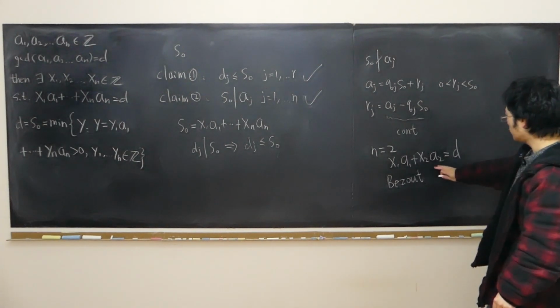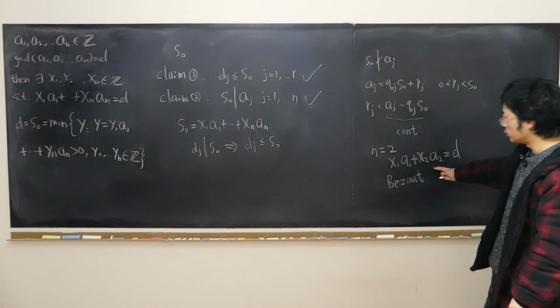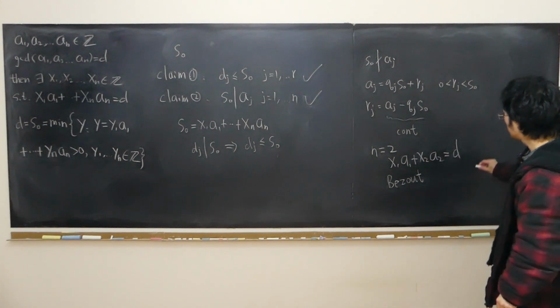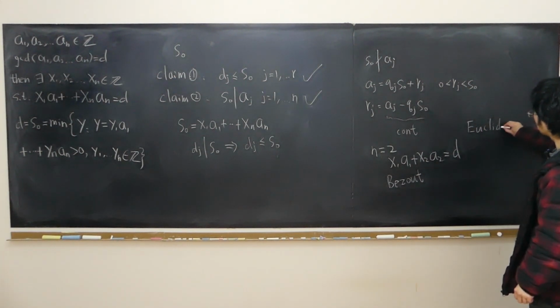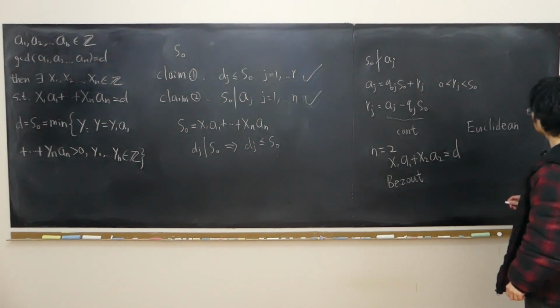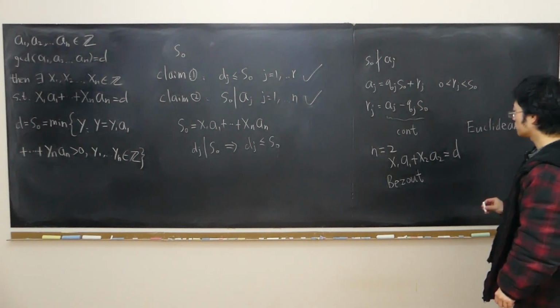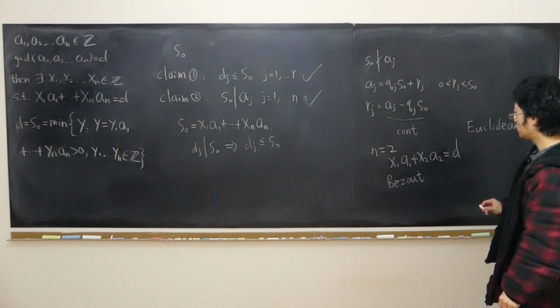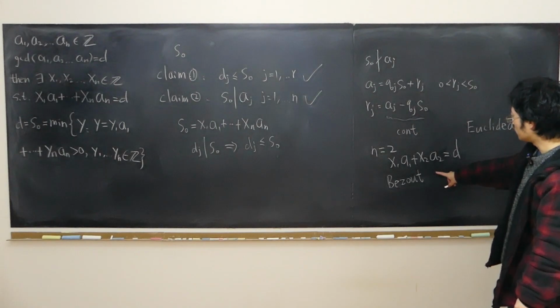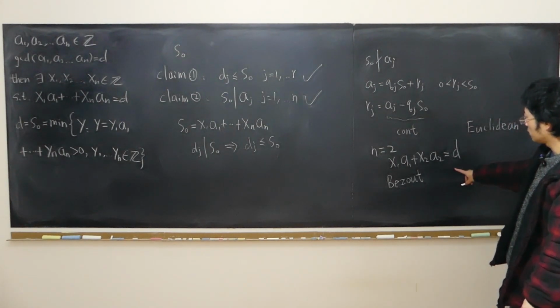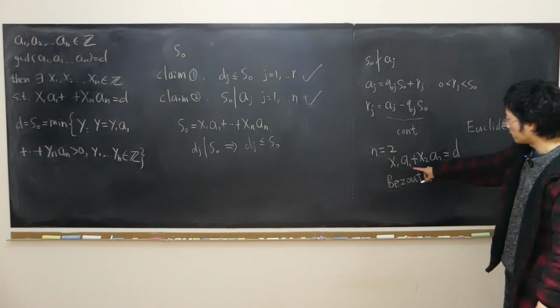Of course, the same result can also be proven by using the Euclidean algorithm. And in particular, if a1 and a2 are coprime, then we have a linear combination that equals 1.